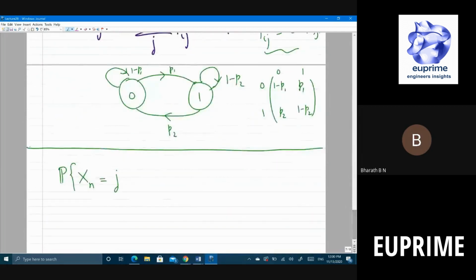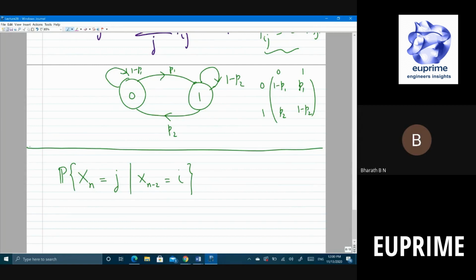Fine. So you are in state, let's say n minus 2 is i. How do you compute this? You understood what this says, right? n minus 2, that is 2 steps back, you are in i. Now, what is the probability that you will be in state j after 2 steps?